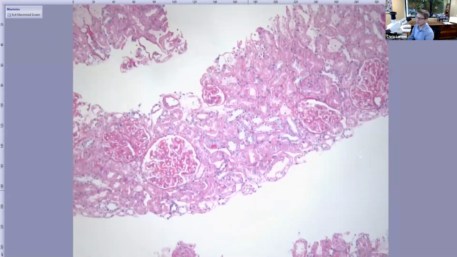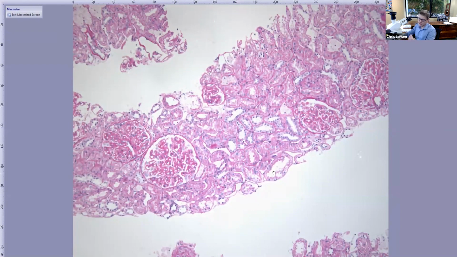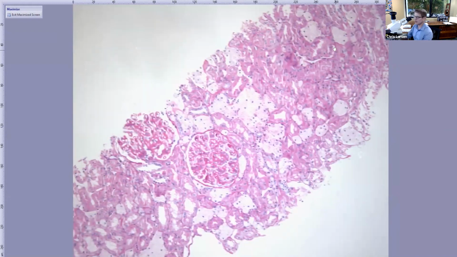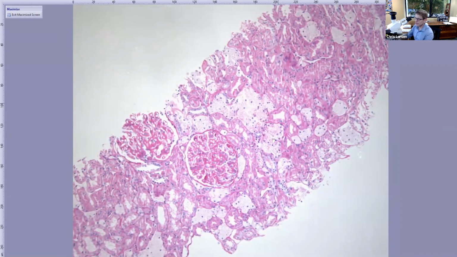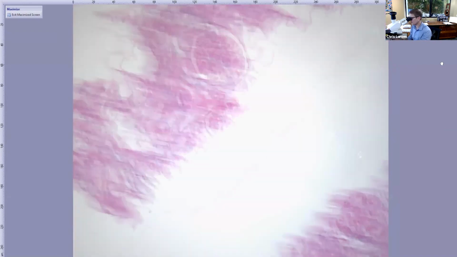Not surprisingly, based on that normal serum creatinine, the tubular interstitium looks relatively normal. Tubules are back to back to back. This is what you want to see. You do see some of what Alex described in the last session, these interstitial foam cells, indicating that she has had long-standing proteinuria.